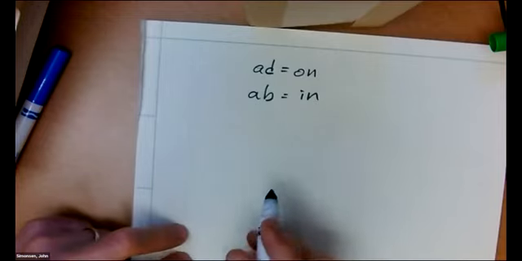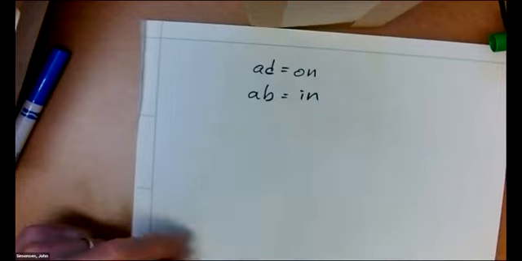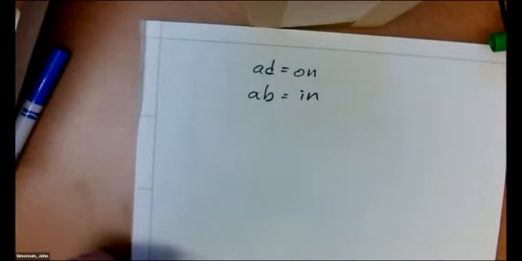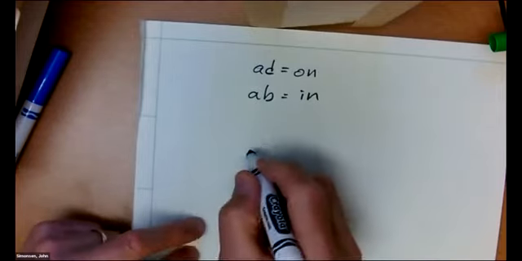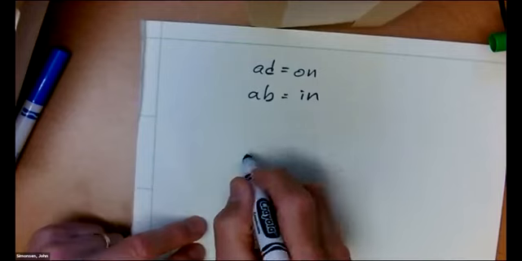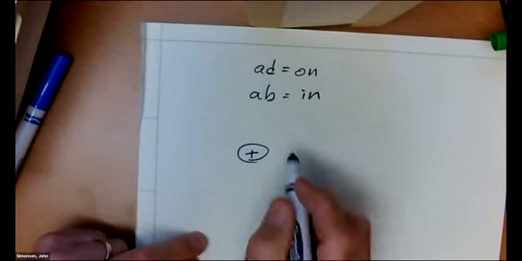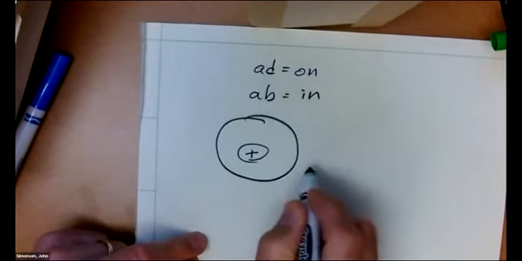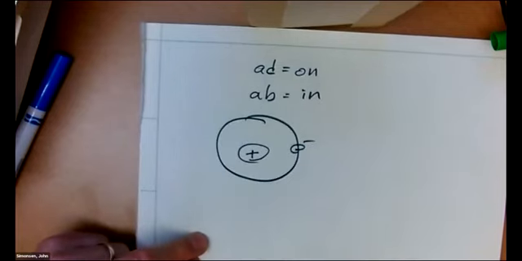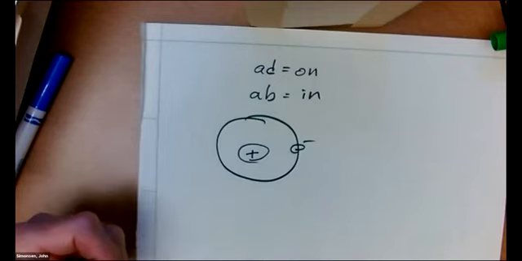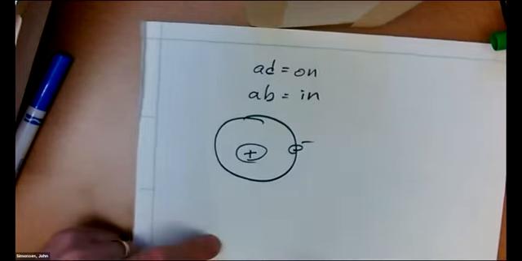So if you think of it, I'm going to draw a simple Bohr model atom, right? Even totally simplified. When you have an atom, you have a nucleus that's positive, right? And you have an electron that runs around in an orbit around the nucleus. That's the structure of an atom, okay?